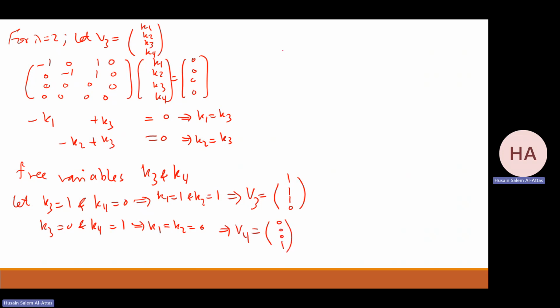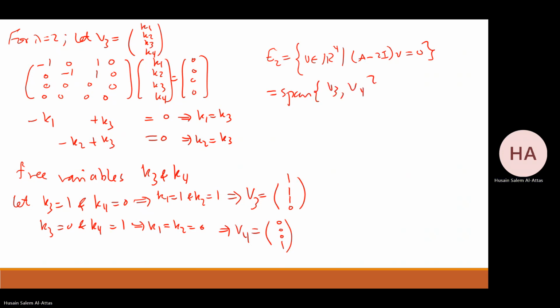So I have E2, which is all V in R4 so that A minus 2I V is equal to 0, and it will be spanned by V3 and V4.